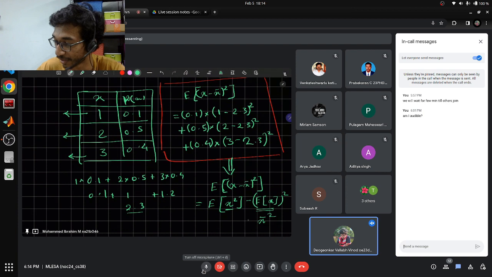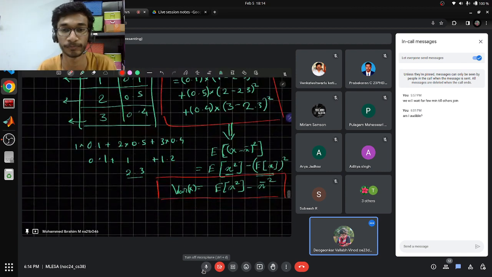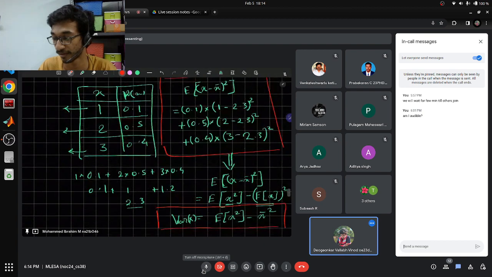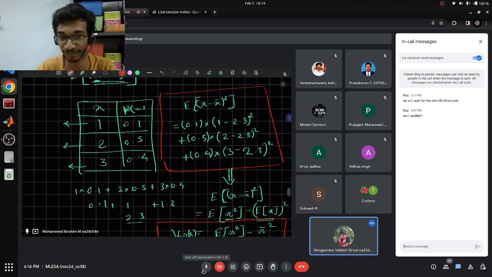So this is E of x squared minus x bar whole squared. So variance can also be written as this. You can calculate the variance either this way or as shown here.